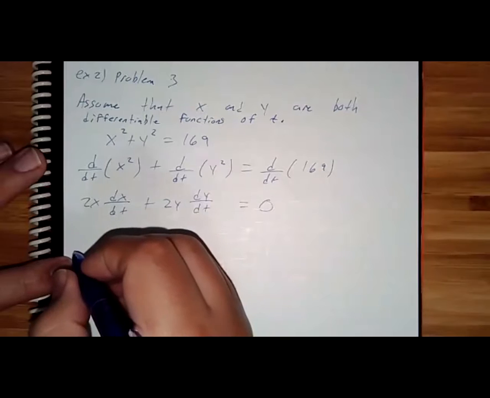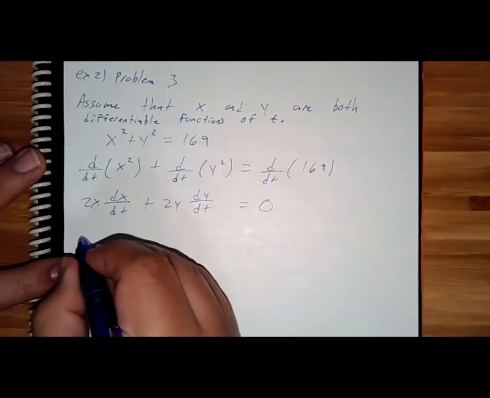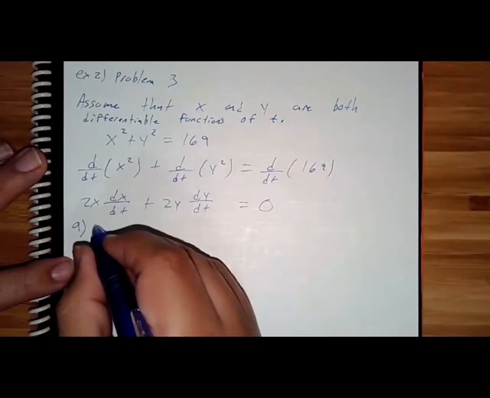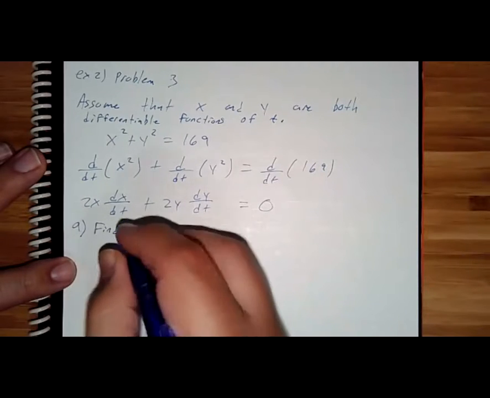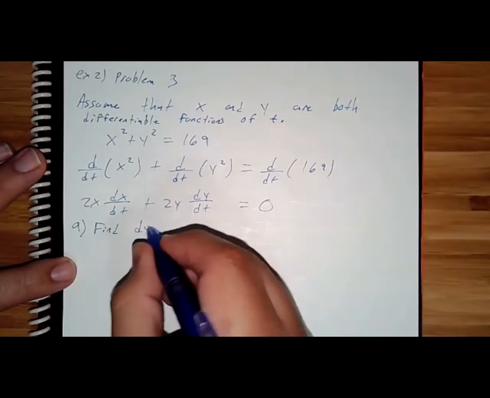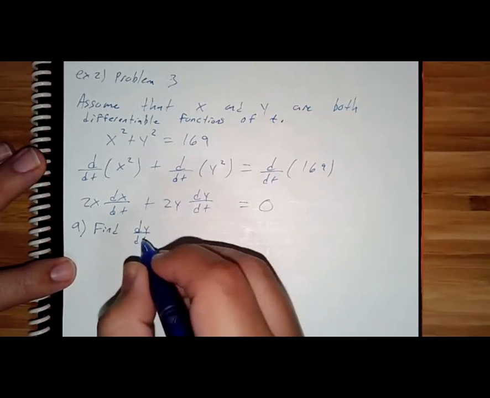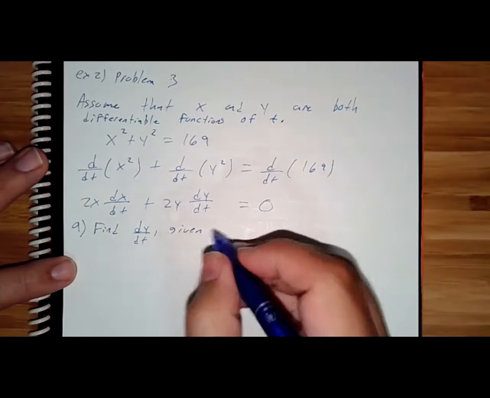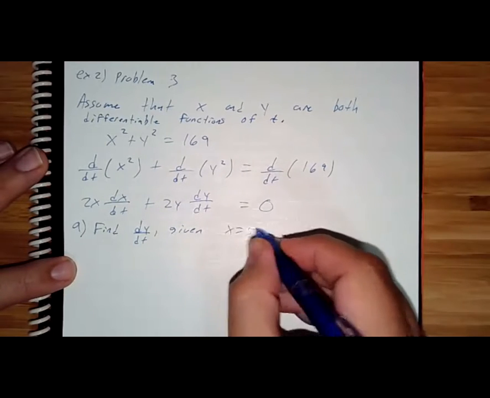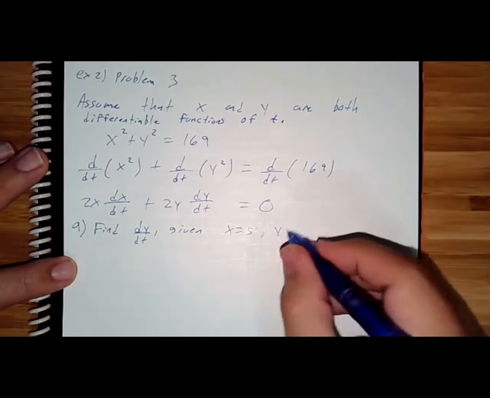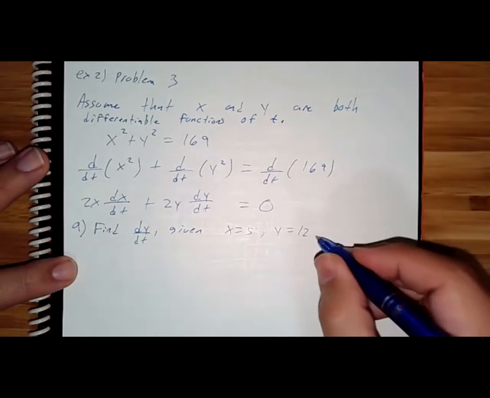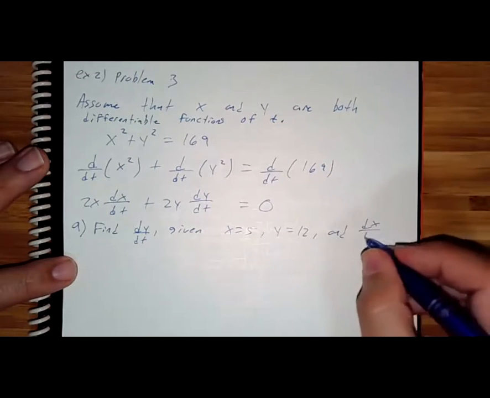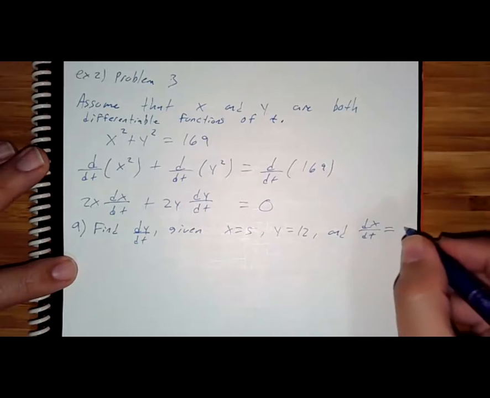So now we can answer part A. Find dy/dt given x equal to 5, y equal to 12, and dx/dt equal to 5.